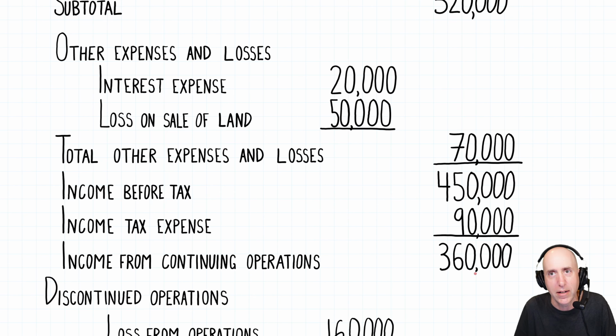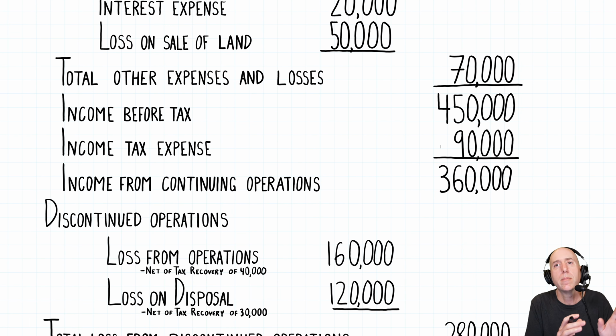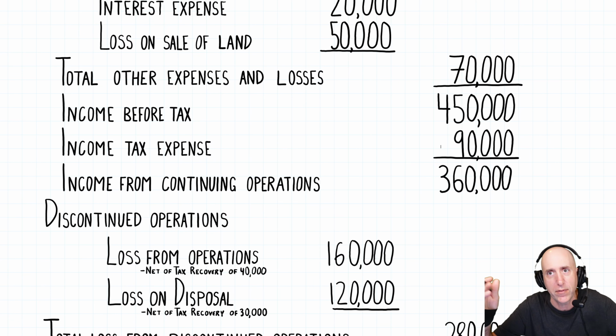And what does that mean? That means we want to separate out the part of the business, a significant part of the business, that is stopping. And why do I want to separate that out? Well, it's for the user. The user of the financial statement is trying to make plans for the future, right? They're projecting, if they're a finance person, the future cash flows of the business.